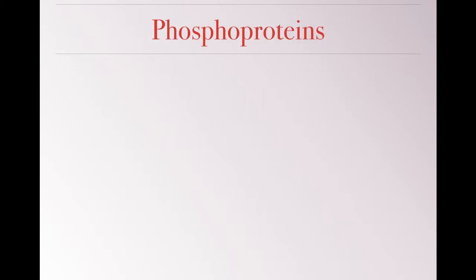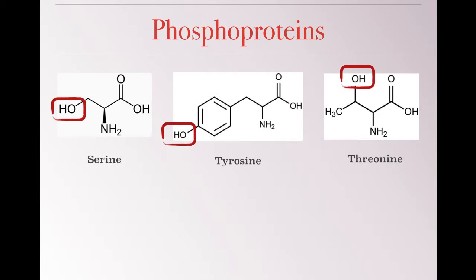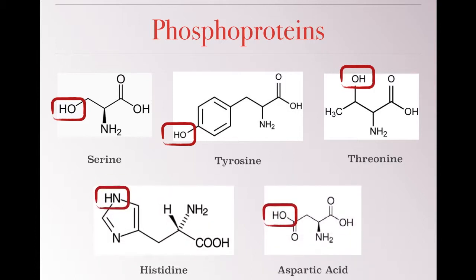The target amino acid is usually serine, tyrosine, or threonine residues in eukaryotes and histidine and aspartic acid residues for prokaryotes. Protein phosphorylation on serine, tyrosine, and threonine residues is the most prevalent post-translational modification and occurs in more than one-third of cellular proteins.